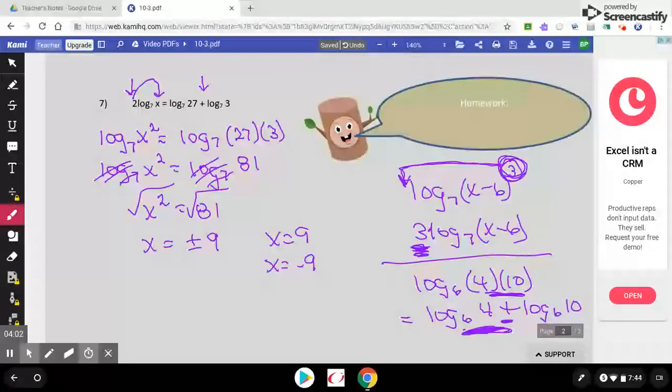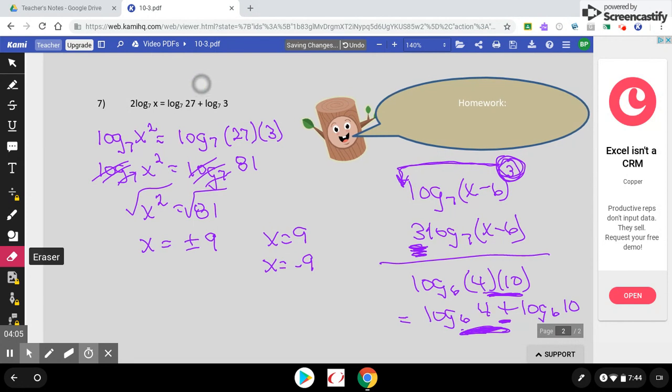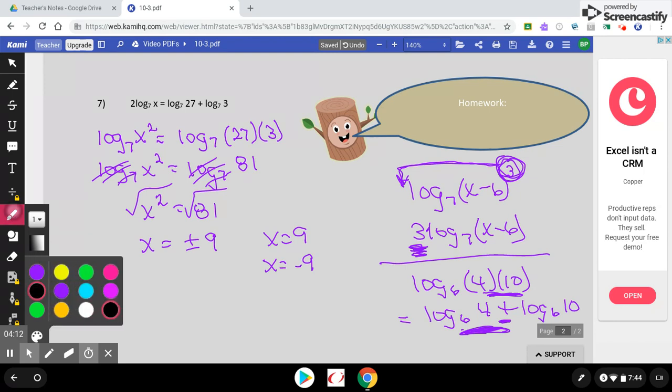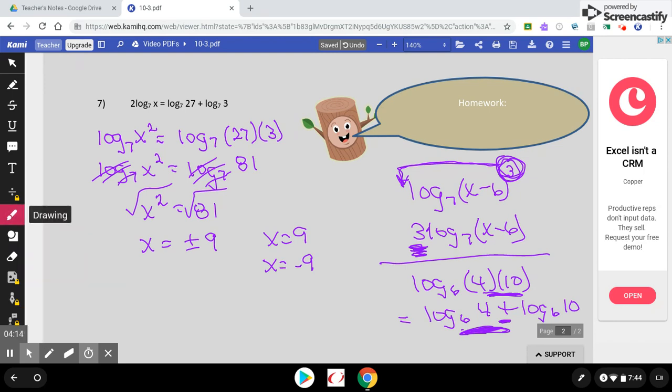So I'm going to come back up here and check it and clean this up a little bit first. Oh, wow, that was nice. Hey, let's go a different color. All right, if I put a positive 9 where the x is, I'm going to write it down here.